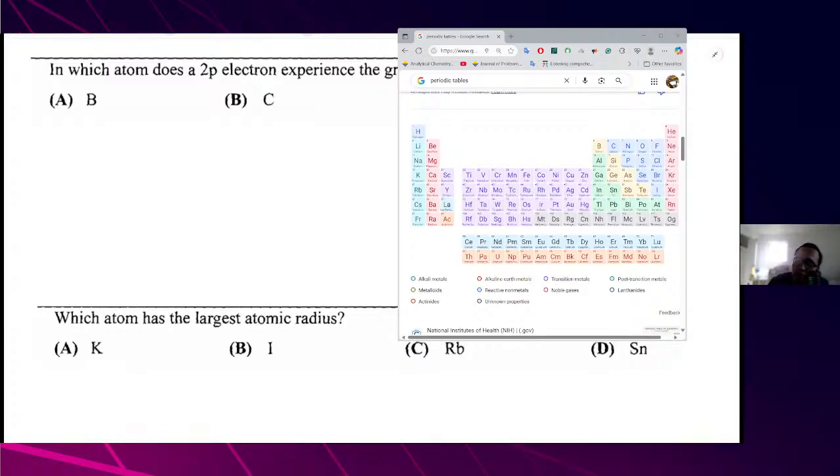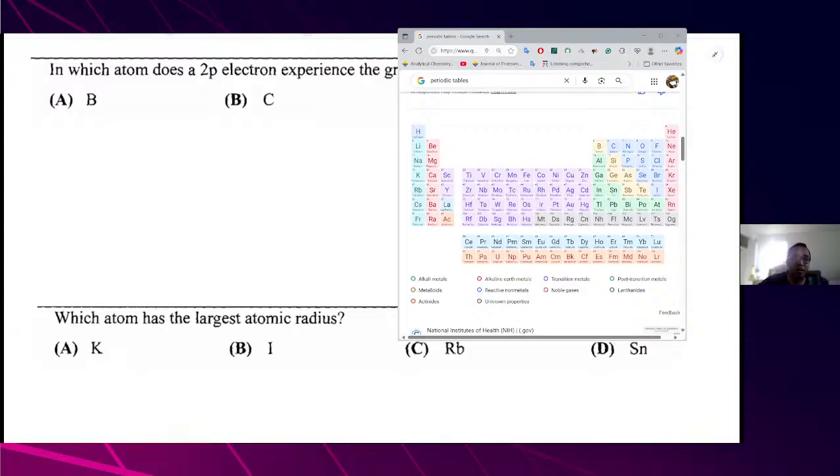So this question asks which one has the greatest effective nuclear charge, the strongest pull from the nucleus itself. From the configuration, remember, we are being asked which element has the strongest pull from the nucleus. So how to solve this problem?